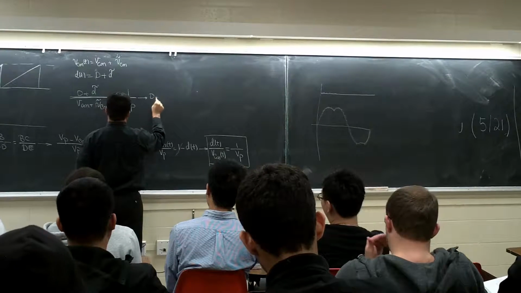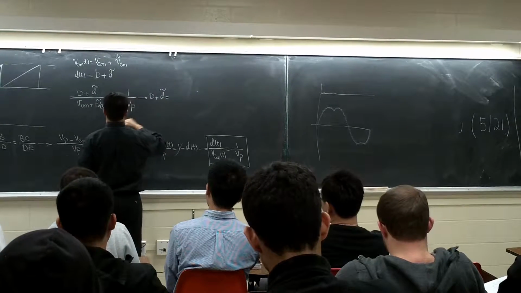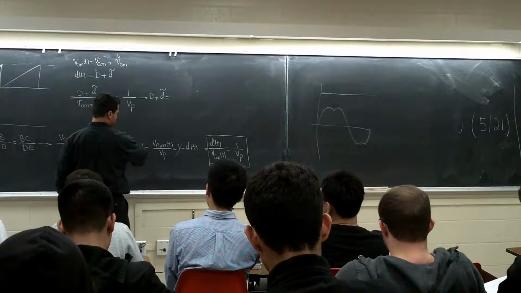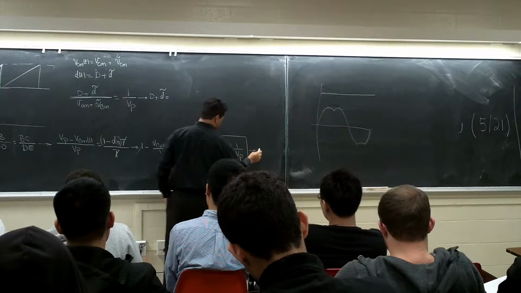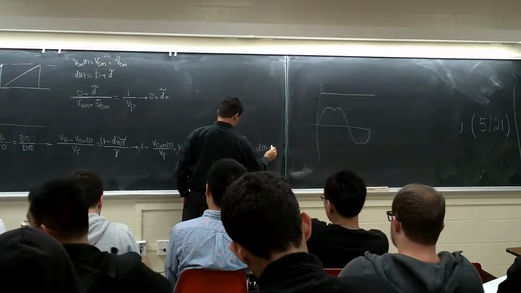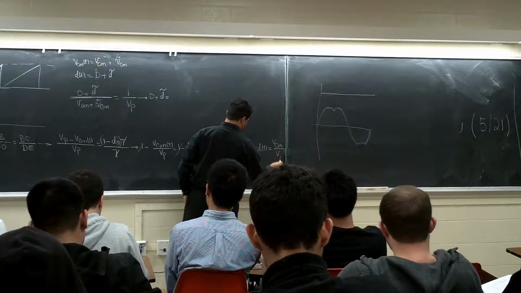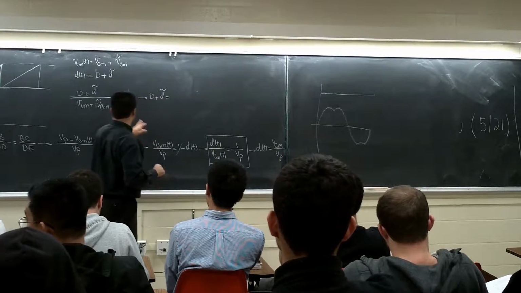Then D plus d tilde is going to be, I want to write it down. Let's say d(t) is V control over Vp, right? Now let's time this one.